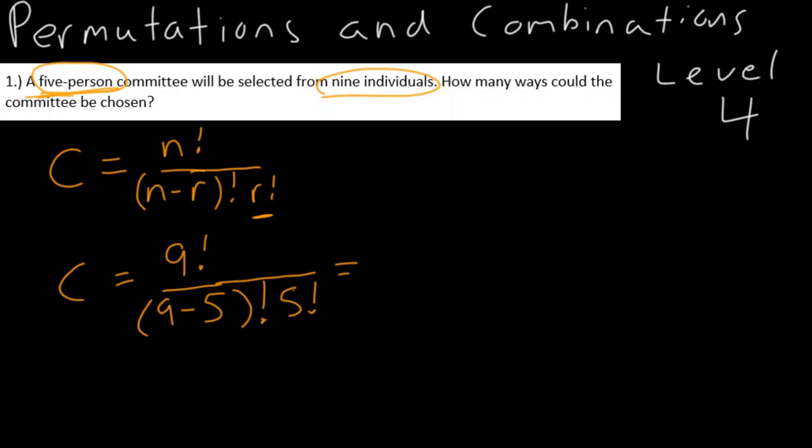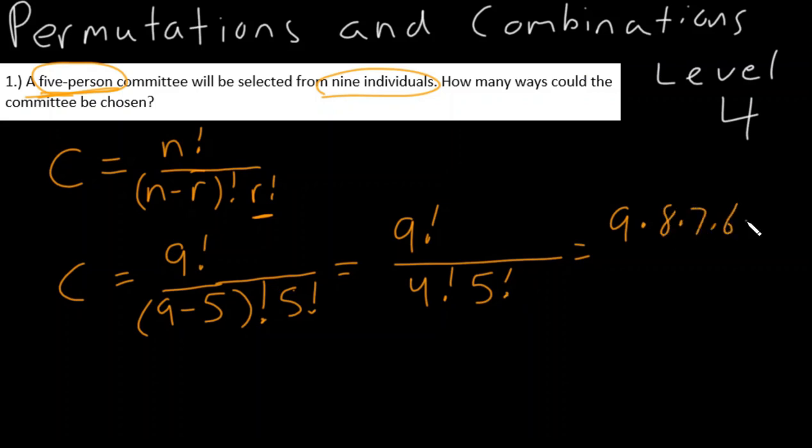So let's go ahead and see what this looks like in practice. We now have 9 factorial over 9 minus 5, which is 4 factorial, over 5 factorial. And what we want to do here is we always want to cancel out the largest factorial that we can. So on top, I'll write 9 times 8 times 7 times 6 times 5 factorial.